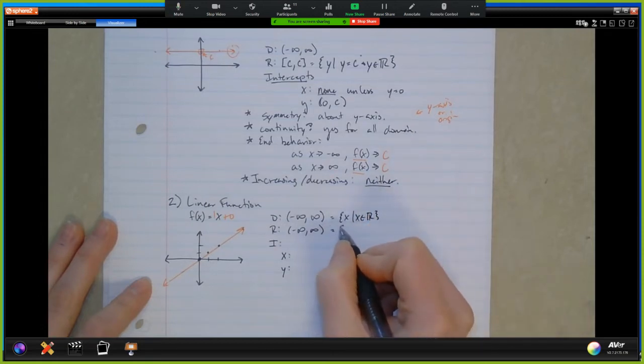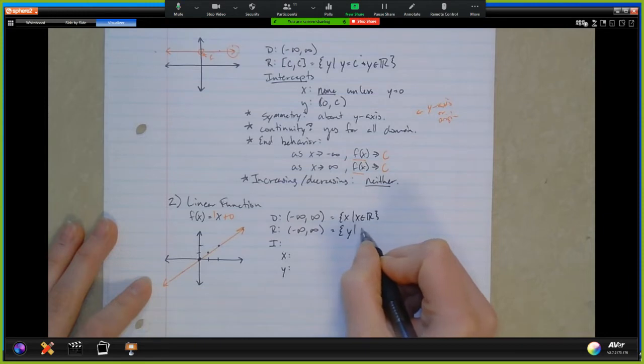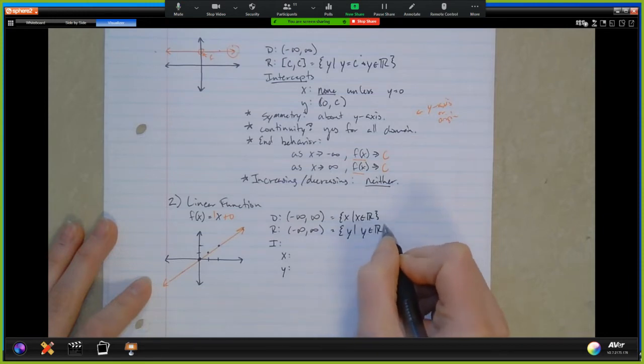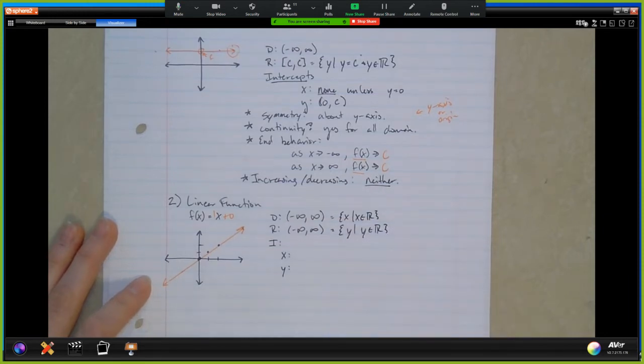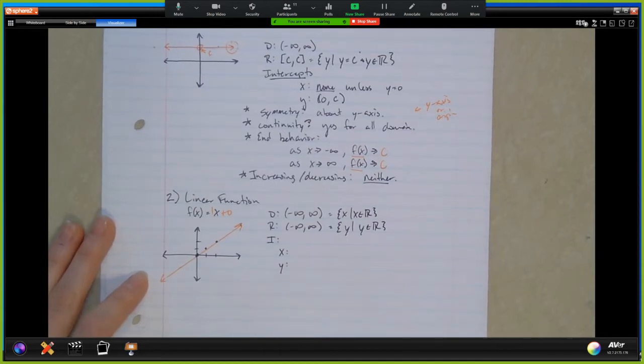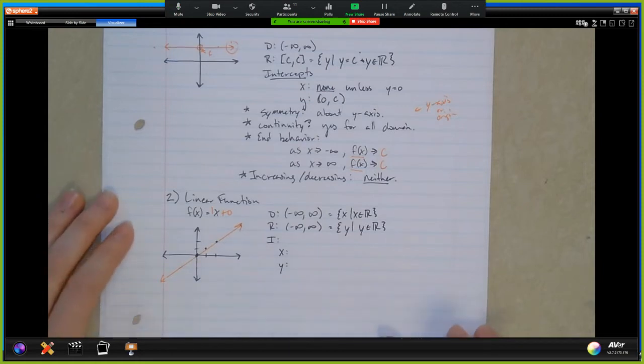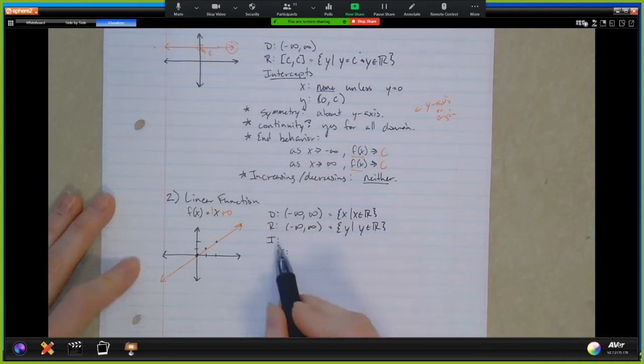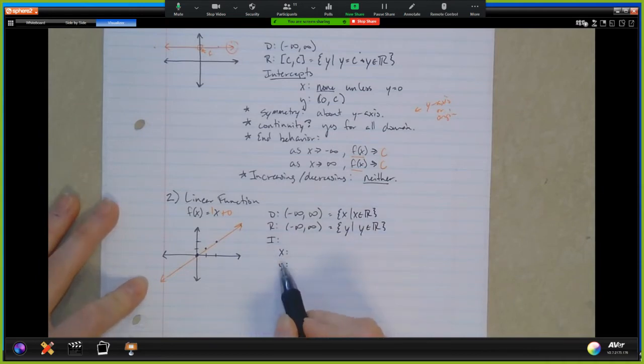Or if you're putting it in set builder, it would be all reals. Okay. Feeling good so far? They're the simpler functions. Should hopefully be pretty quick. So then intercepts, right? They're the points where we hit the x and y axis. For parent functions, most commonly the x and y intercept is the origin.